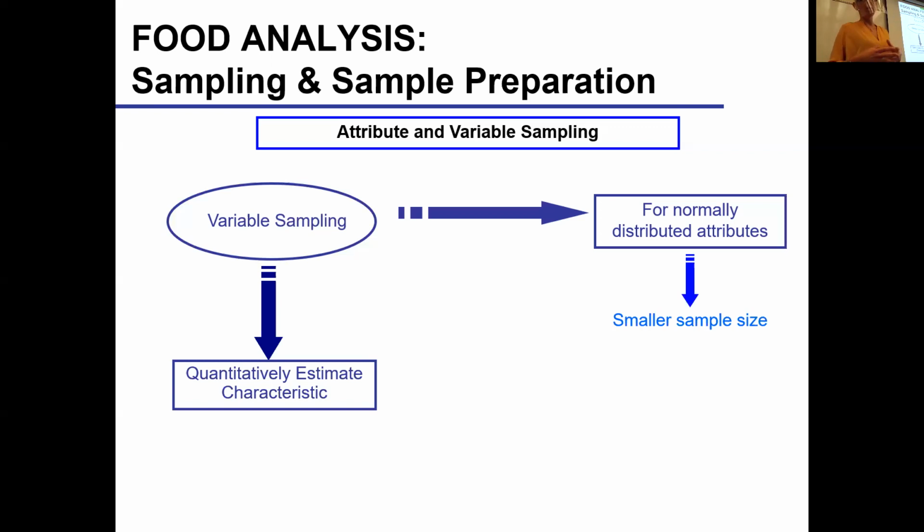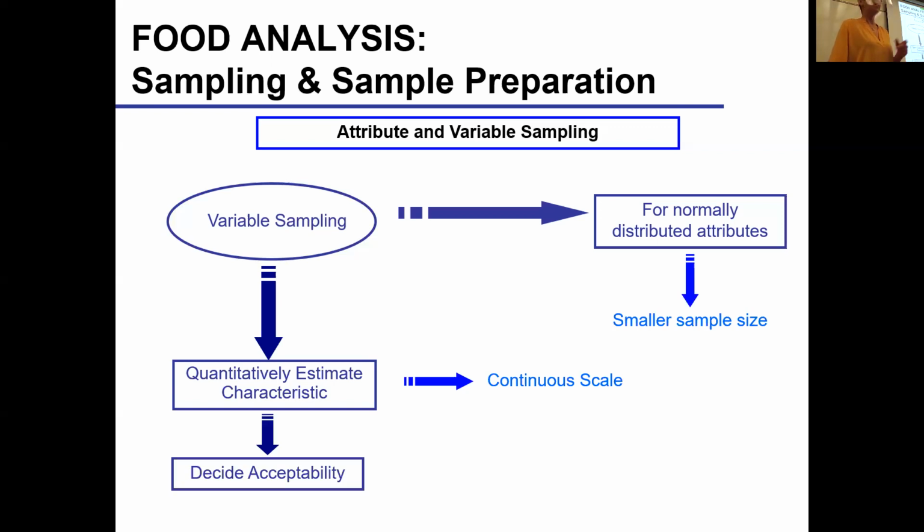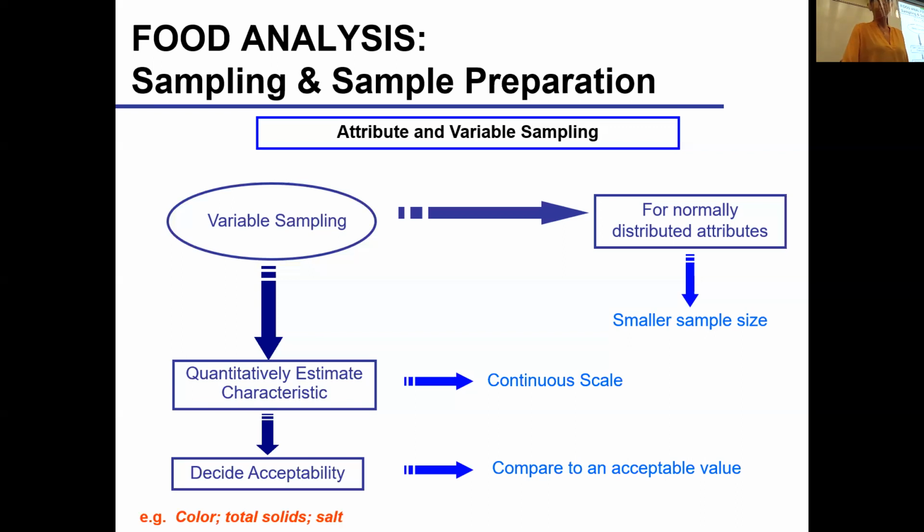Here you actually measure the quantity that you have on a continuous scale, and then decide acceptability based on your standard of identity, for example. So if a product needs to have a certain amount of fat and you have less than that or more than that, then you decide acceptability. Okay, so quality or specifications that you are after, then compared to an acceptable value.